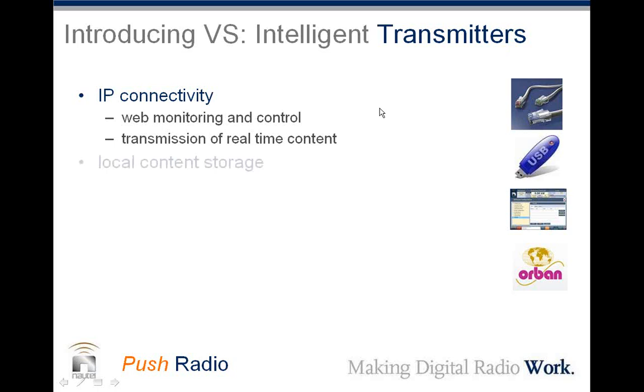And then the VS also includes local content storage. There is a USB jack in the back of the VS series which allows you to plug in USB storage. And that storage could be either a RAM card, the ubiquitous lipstick USB storage, or it could be a hard drive, a USB hard drive that is plugged in there with terabytes worth of storage potentially.